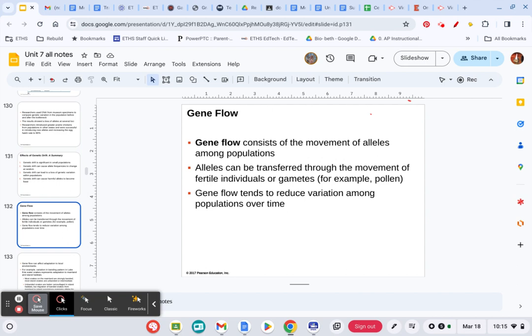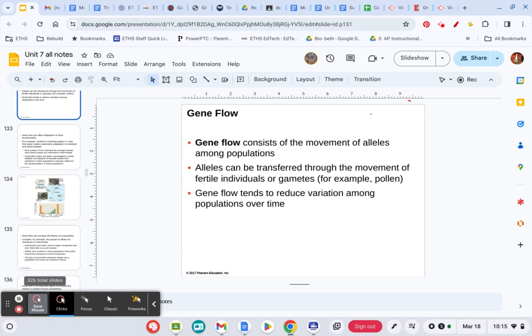So it's a flow of alleles among populations. A good example would be pollen. Pollen can travel not very far, or it could travel miles and miles if you're talking about a really windy day. It just depends on the conditions.